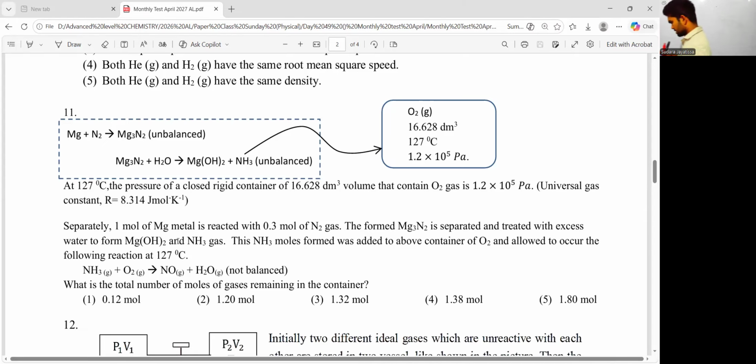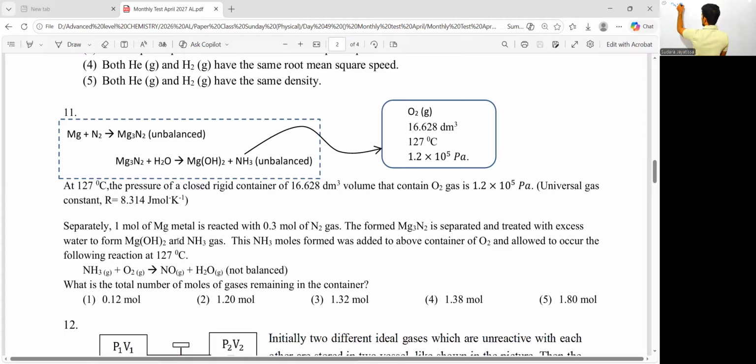First it is telling that at 127 Celsius and this volume, O2 is contained in a certain container. So using this data, you can find out the moles of O2 using PV equal nRT.